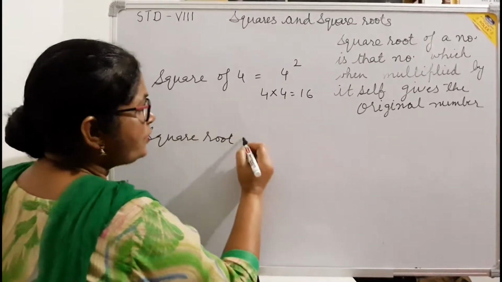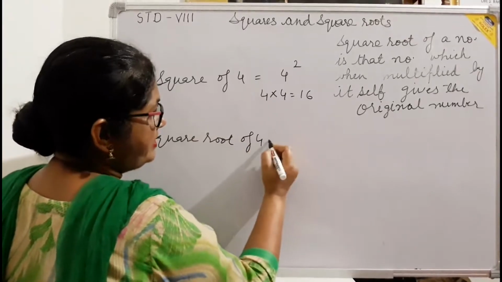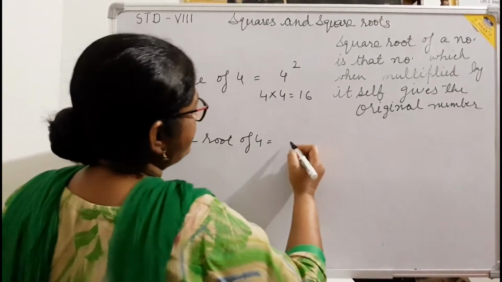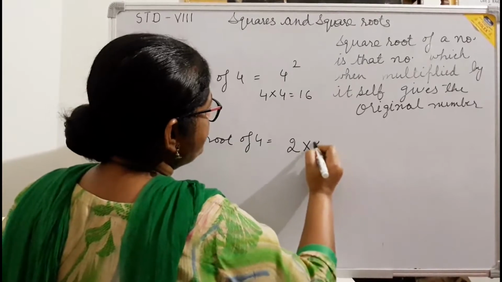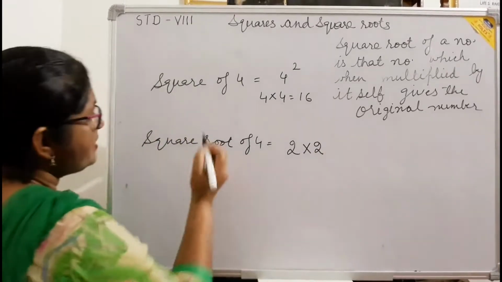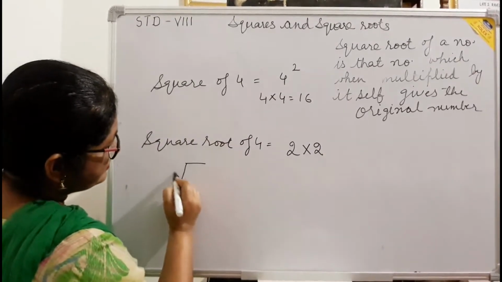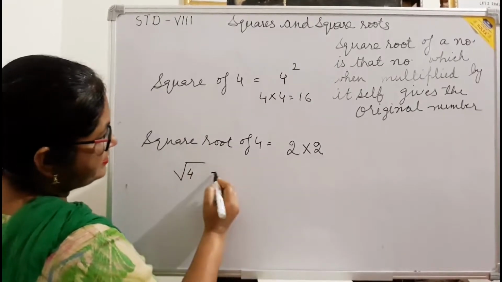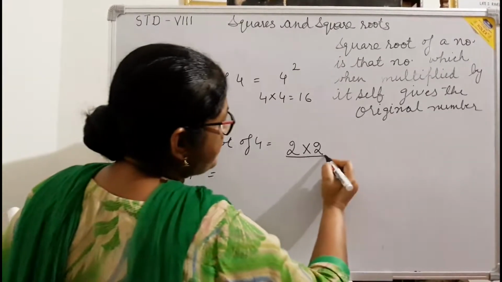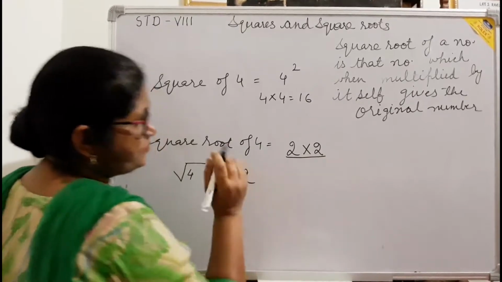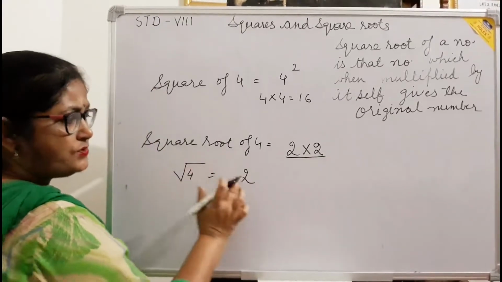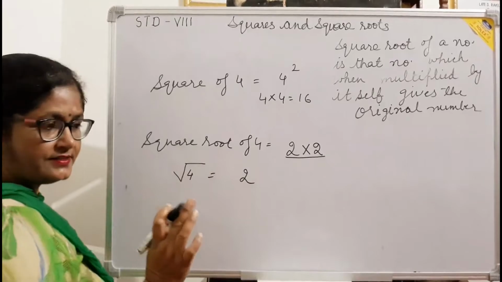Now, square root of 4 means 2 twos are 4. The symbol of square root is this. 4 means 2 are in pairs. The answer is 2, which means the original number is 2. Is it clear students? Yes.